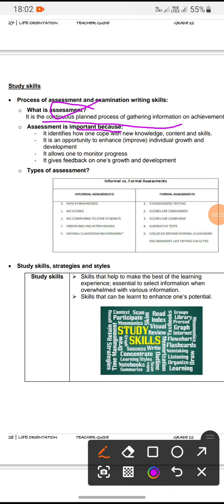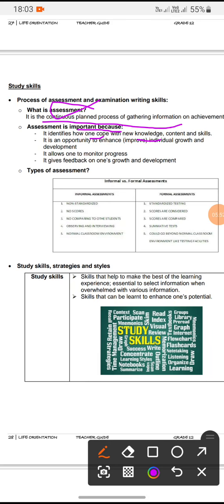They can ask in different ways, but you must be familiar with your notes. Even if you explain it in your own way, it's fine. So it helps one to identify how to cope with new knowledge. This is the importance of assessment.